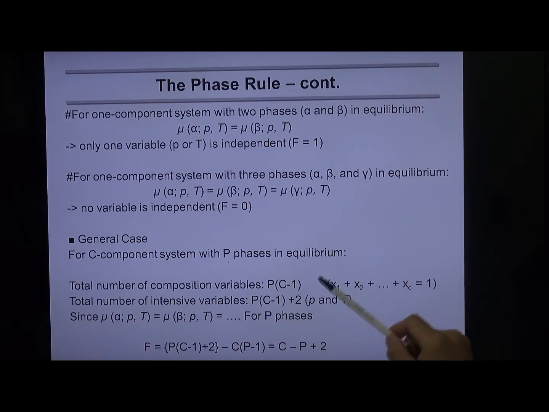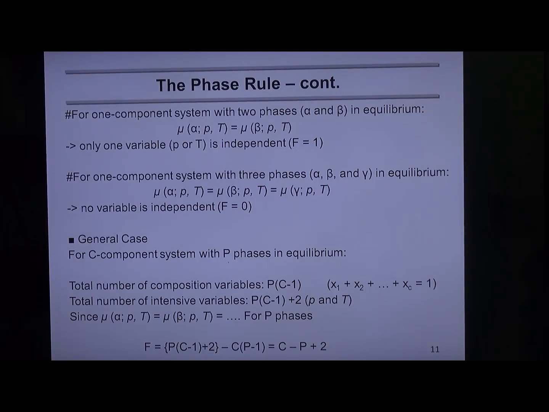So the degree of freedom is c minus 1. And for each component, we have p number of phases, so we need to multiply by p. So this is the number of intensive variables for composition, and we have two more, pressure and temperature.